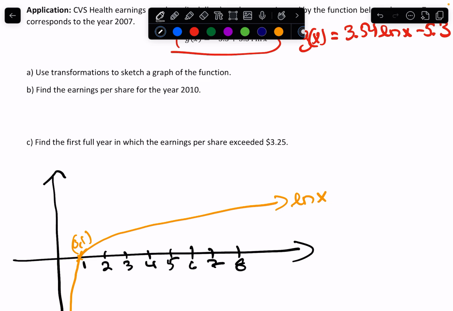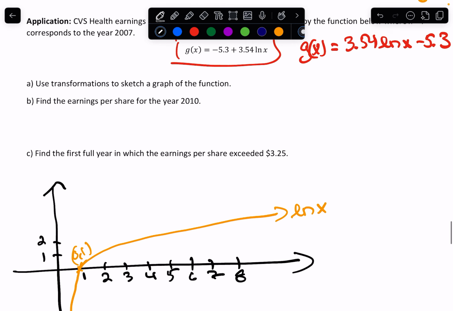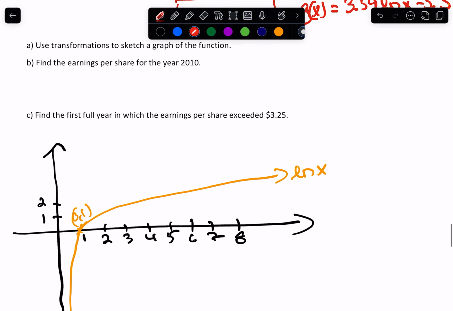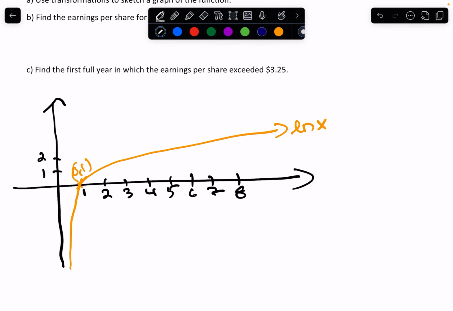With the negative 5.3, that means we are going down 5.3. So negative 1, negative 2, negative 3, negative 4, negative 5, and negative 6.